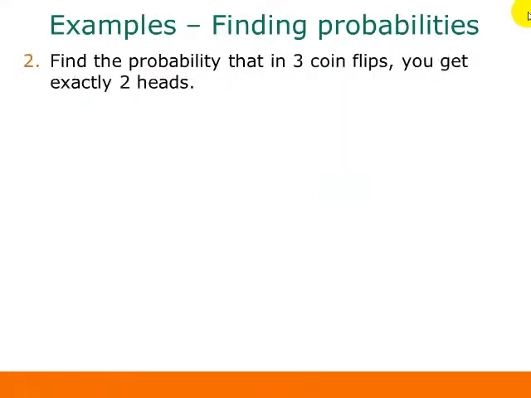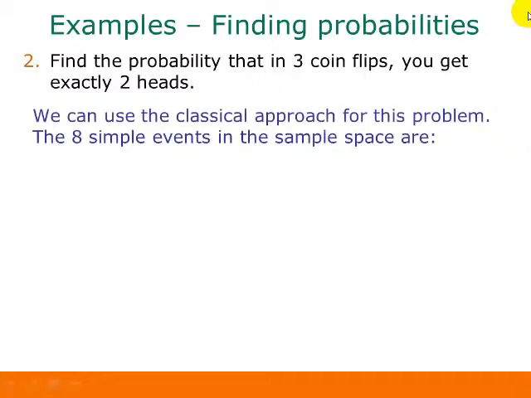Here's another example. Find the probability that in 3 coin flips you get exactly 2 heads. In this one we can use the classical approach because we can assume that the coin is fair, so there's a 50% chance that in any one flip you'll get a head, and a 50% chance that you'll get a tail.